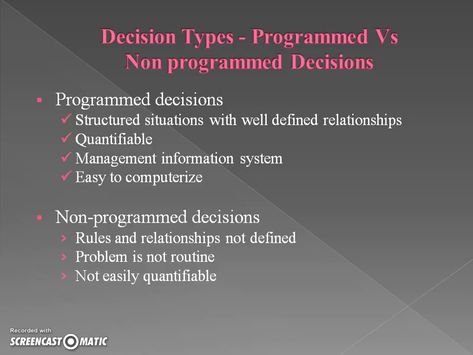They are the output of management information systems as a tool, and easy to computerize. Whereas non-programmed decisions are based on rules and relationships which are not defined in advance. Problems are not known and they are not routine, and they are not easily quantifiable.